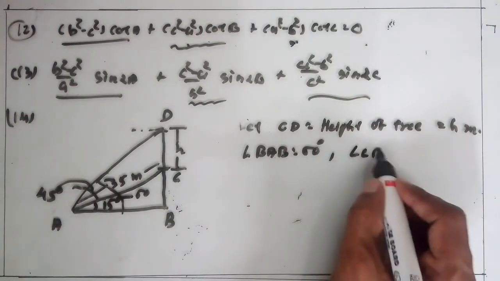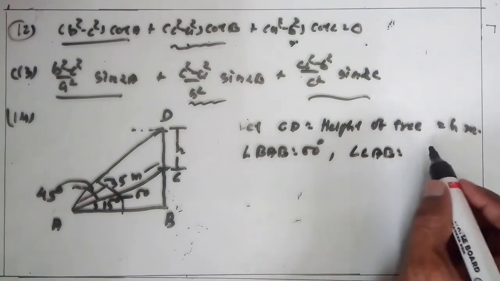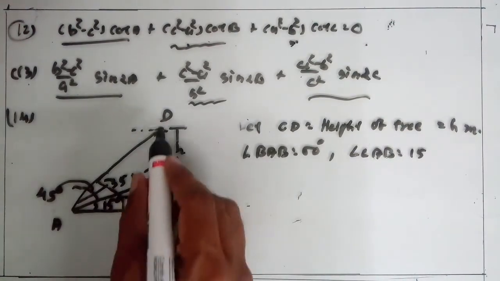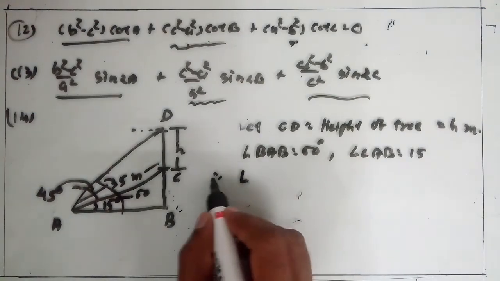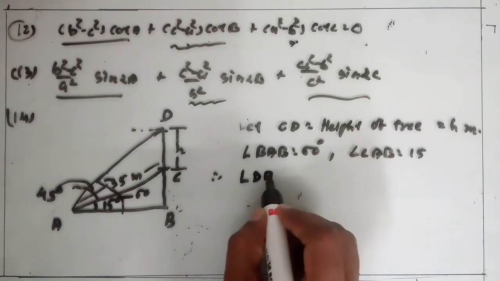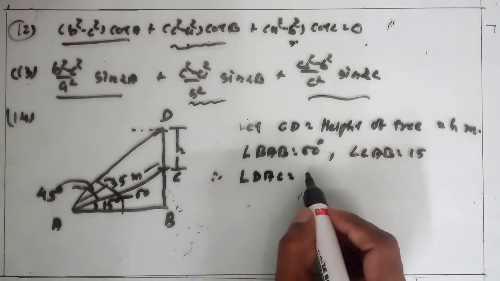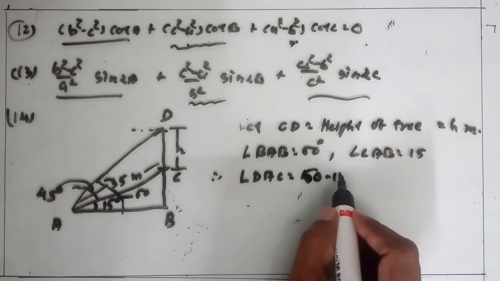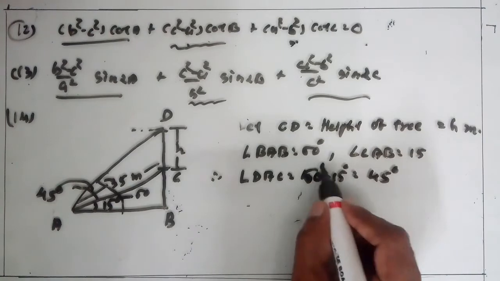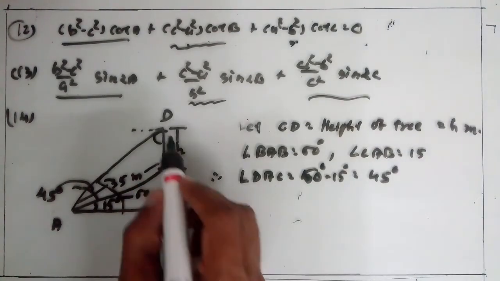Angle CAB is equal to 15 degrees. Therefore angle DAC becomes 45. Write this in the form of 60 minus 15 is equal to 45 degrees.